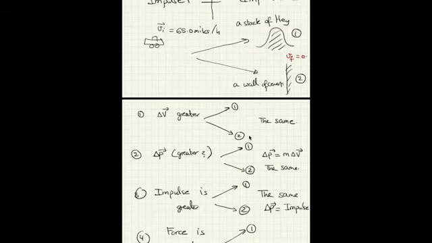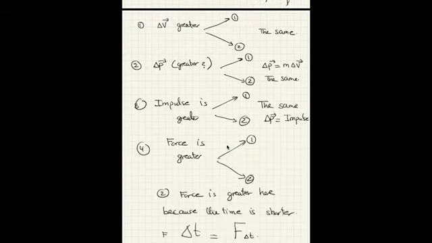Now, which delta P, which change in momentum, is greatest? Both the same, because the change in momentum depends on the change in the velocity. What about the impulse? Again, the impulse is the same, because in the two cases we have the same change in momentum, and impulse equals change in momentum.